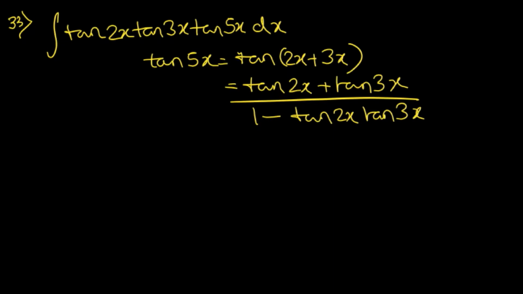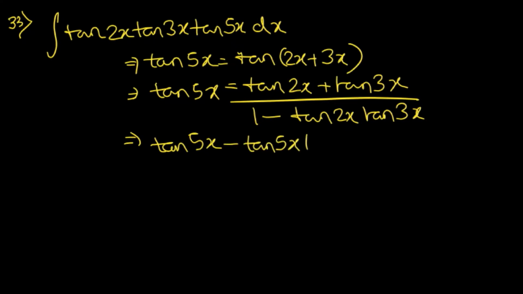If we cross multiply this, it results in tan 5x − tan 5x tan 2x tan 3x, which equals tan 2x plus tan 3x.